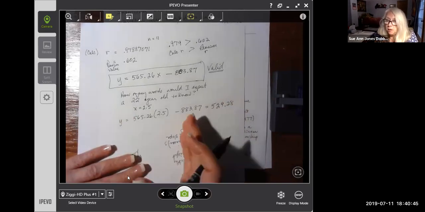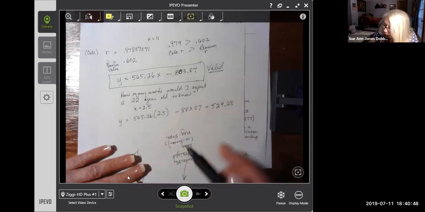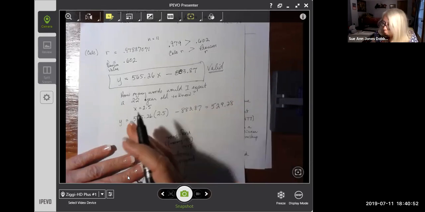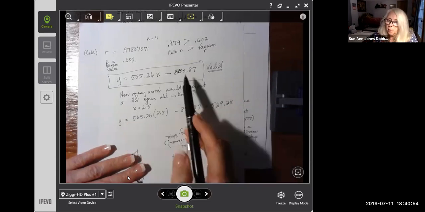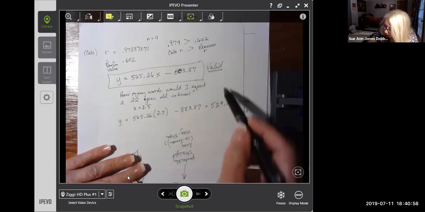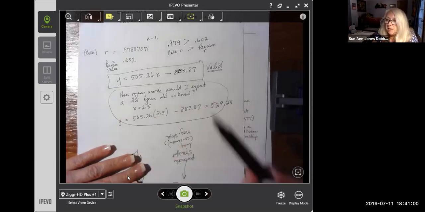But again, every single set of pairs of data will give you a regression equation. But whether or not you use it in this predictive fashion is dependent upon 2 things.